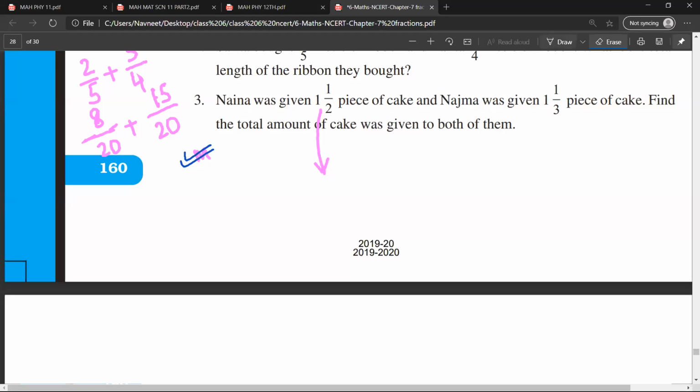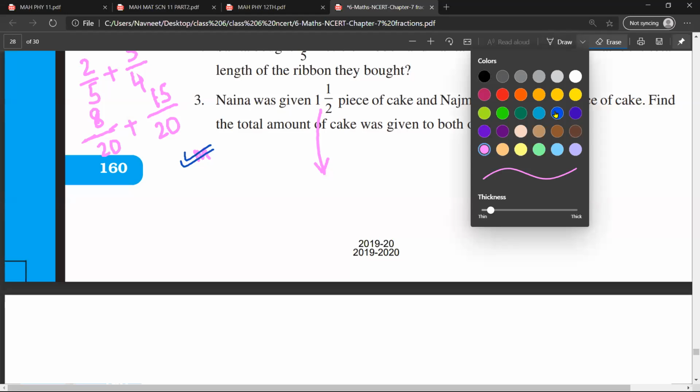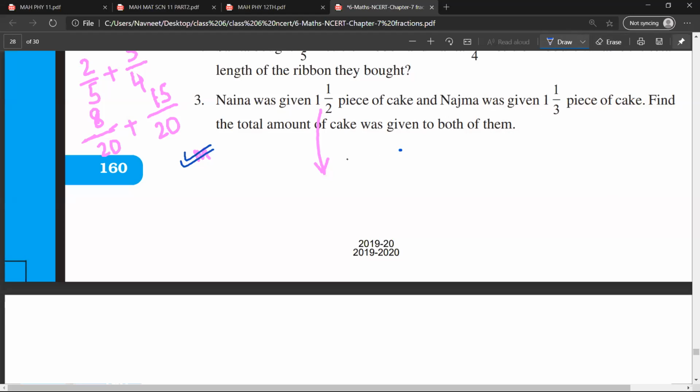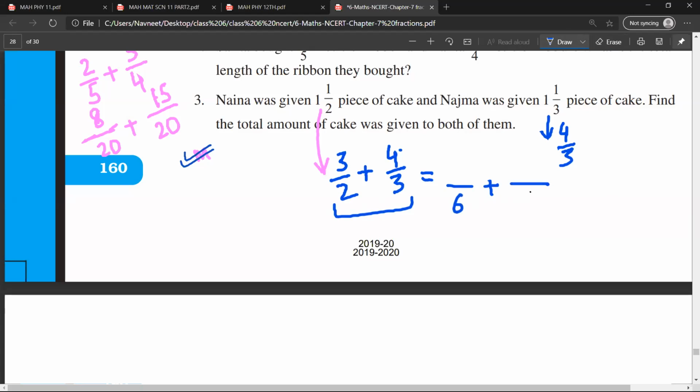Okay. 1 1/2 I can write as 3/2. 1 1/3 I can write as 4/3. I need to add these two. LCM of 2 and 3 would be 6. 3/2 is something upon 6.